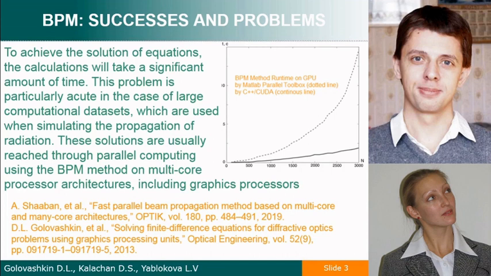This problem is particularly acute in the case of large computational datasets used when simulating the propagation of radiation. These solutions are usually accelerated through parallel computing using the BPM method on multi-core processor architectures, including graphics processors.